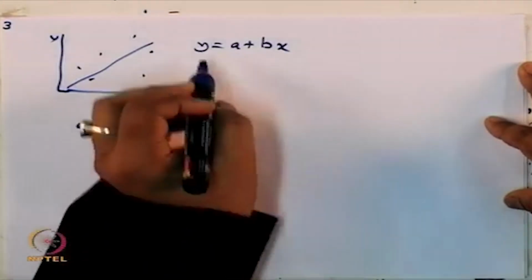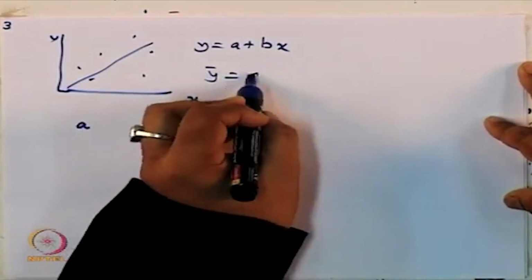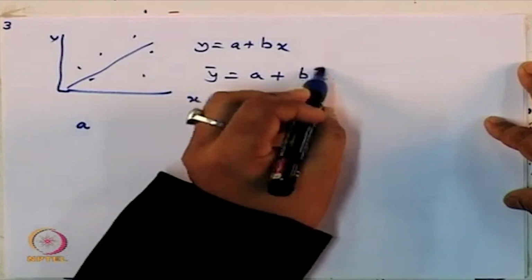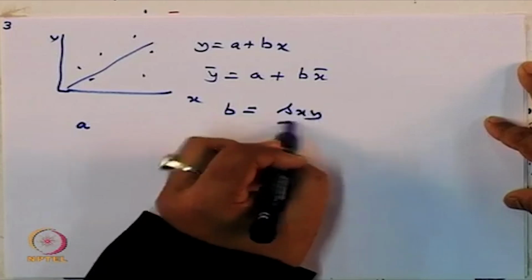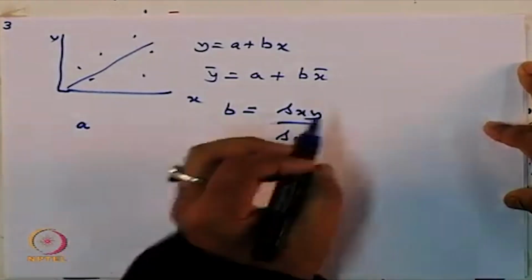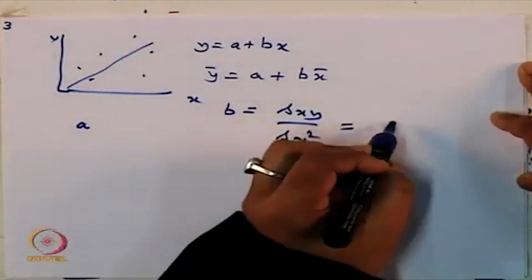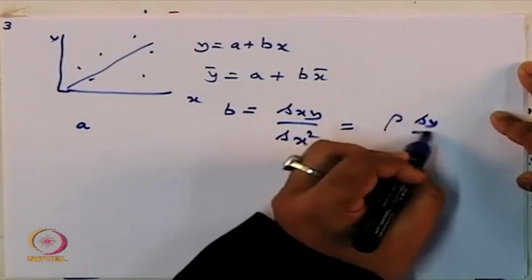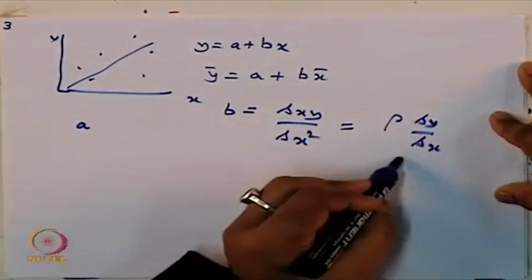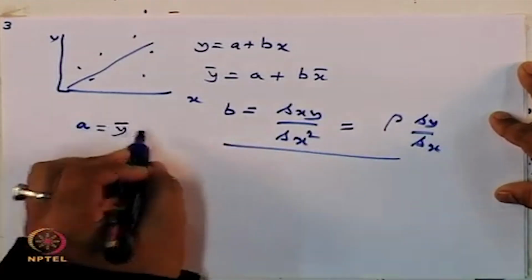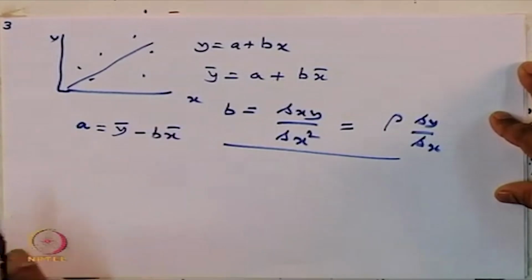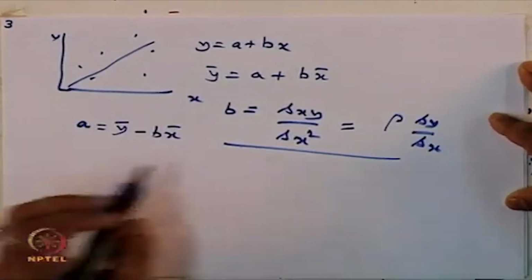From this equation I get one equation, which is y bar equal to a plus b x bar, and the other equation is b equal to s xy by sx square, which I can also write as rho times sy by sx. This is the value of b, and once I calculate it, a is nothing but y bar minus b x bar. So this is how you calculate a and b.